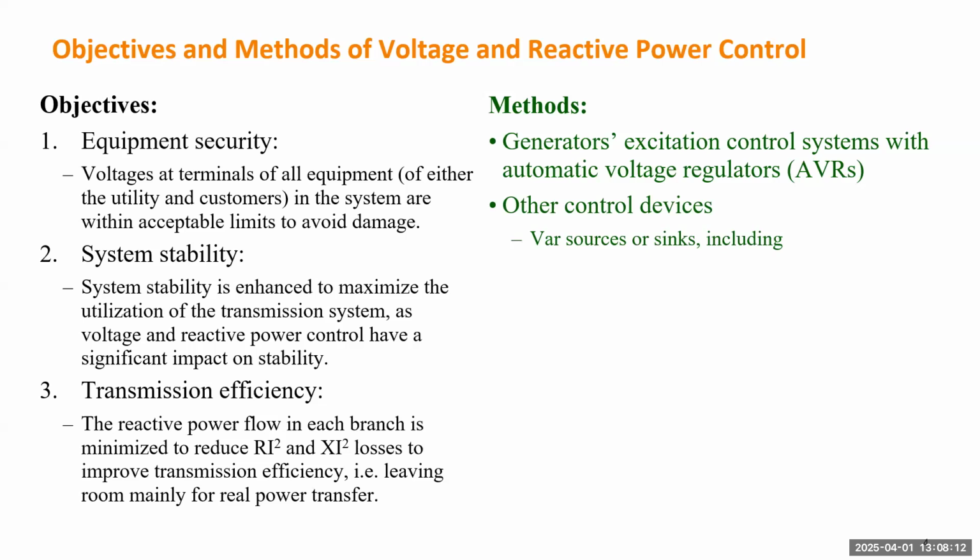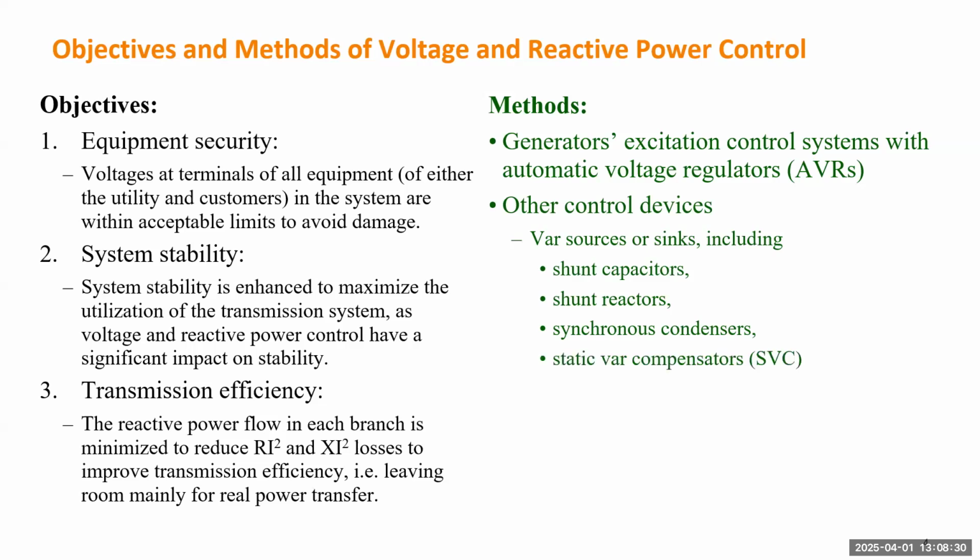Sinks means they can absorb extra VAR to mitigate high voltage, such as shunt capacitors, shunt reactors, and synchronous condensers. A synchronous condenser is basically just a synchronous motor or synchronous machine, not generating any active power. Then static VAR compensators and static synchronous compensators, STATCOM. So we'll talk about all of them later.